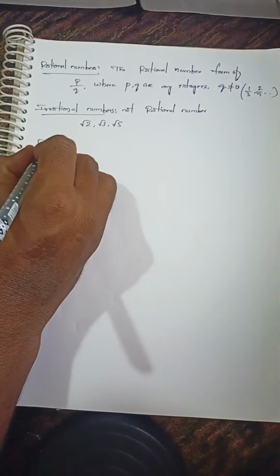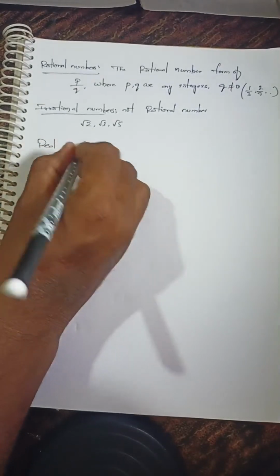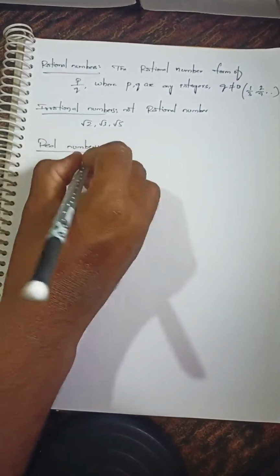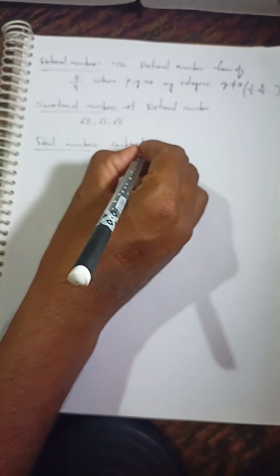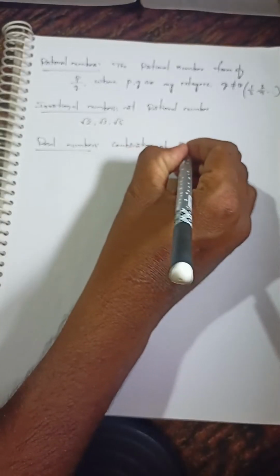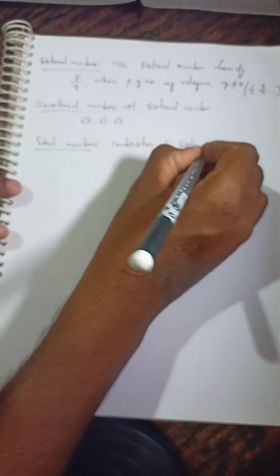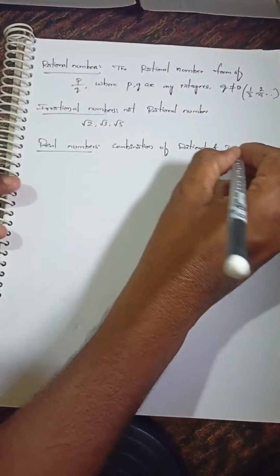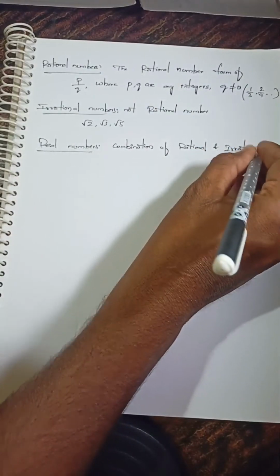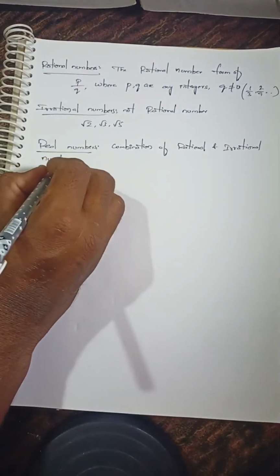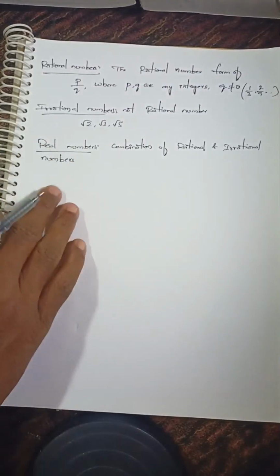And the last one is the real numbers, the combination of rational and irrational numbers, are called real numbers.